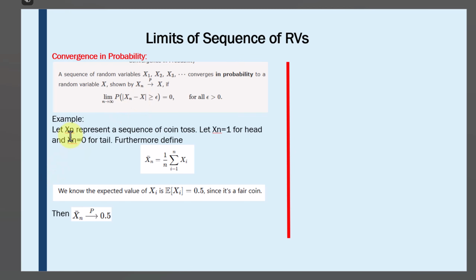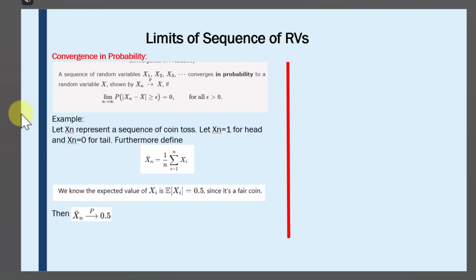For example, take Xn that represents a coin toss, and let Xn be 1 for head and 0 for tail. Furthermore, define Xn bar to be 1/n times the sum of the Xi's. Then we know that the expected value of Xi is 0.5, since this is a fair coin, and the average of 0.5 is between 0 and 1. Then Xn bar converges to 0.5 in probability.